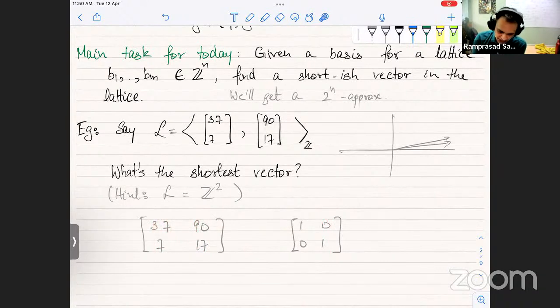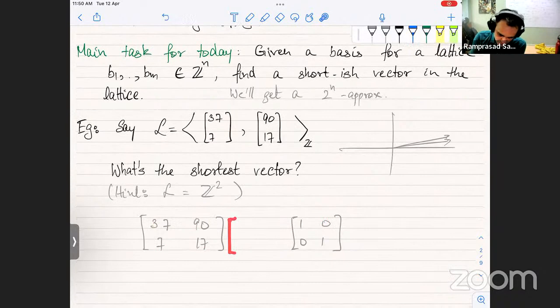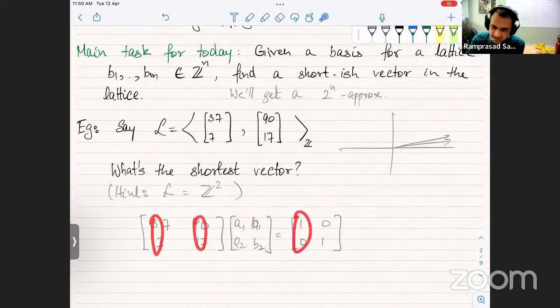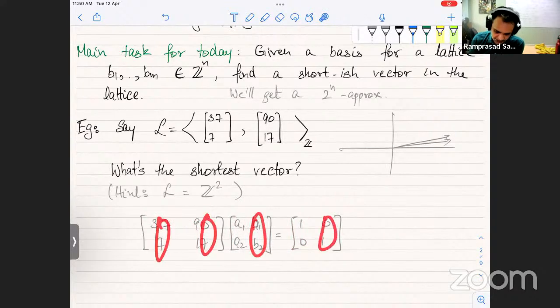So what you're really looking for is, is there a matrix I can put here, A1, A2 and B1, B2, to mean that this particular integer combination of these two vectors yields this vector, and this particular combination of these two vectors yields this vector.